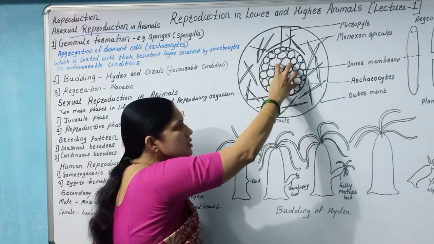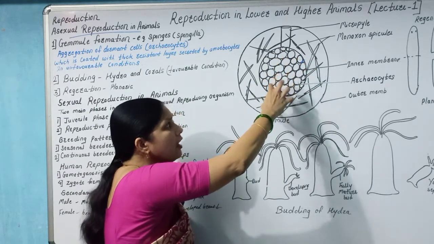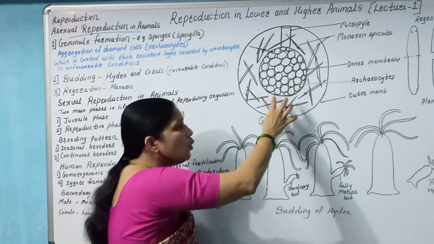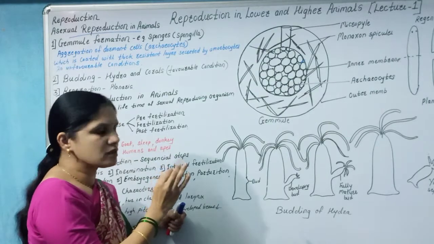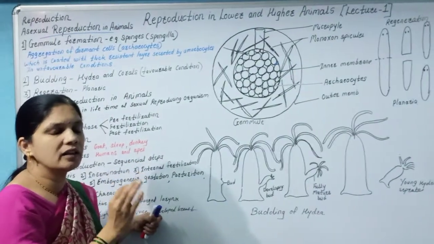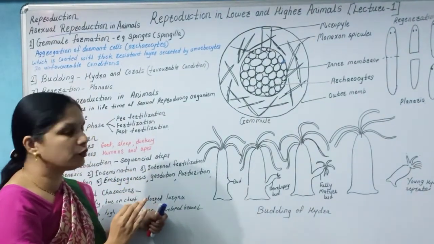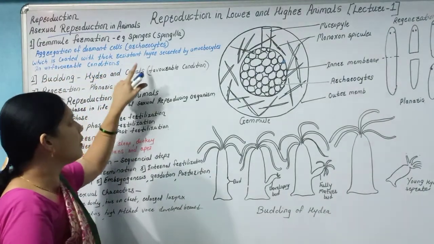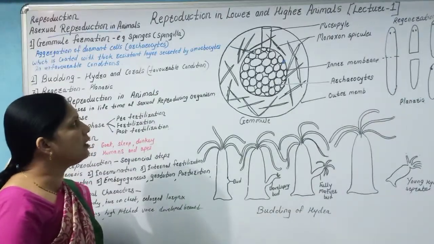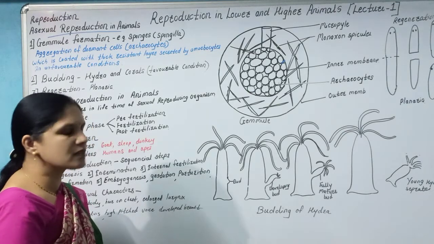All these archaeocytes which are aggregated, this mass of archaeocytes is covered with a thick layer of chitin, coated with a thick resistant layer secreted by the amoebocytes.